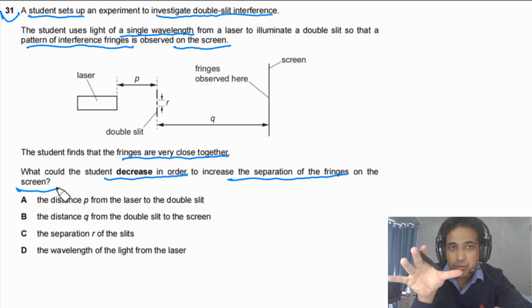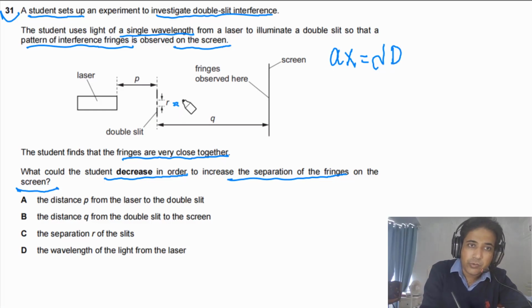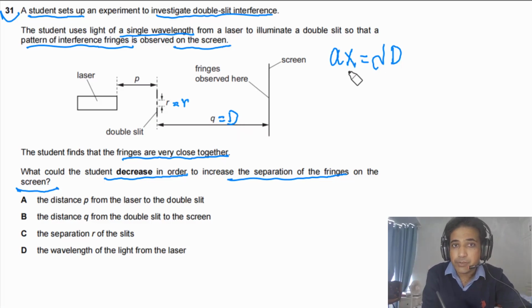So the first thing we need to understand is that we are talking about the double slit experiment, and for the double slit experiment we can write ax equals lambda times D. Here a is the slit separation R, D is the distance Q, and x is the fringe separation.